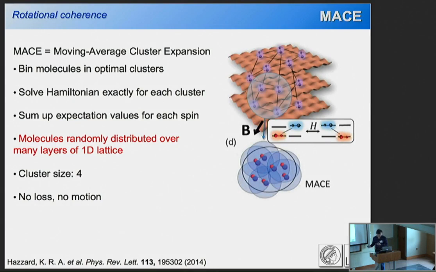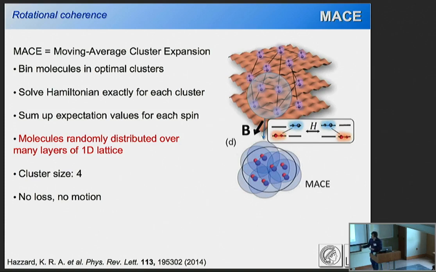This is very powerful. It was developed by Cotton for the 3D lattice experiment of KRb. We just use that, and the difference is our molecules are randomly distributed in a few layers. They don't have a concrete spacing here. Also, it's very hard to consider the loss and motion, so this is our approximation.